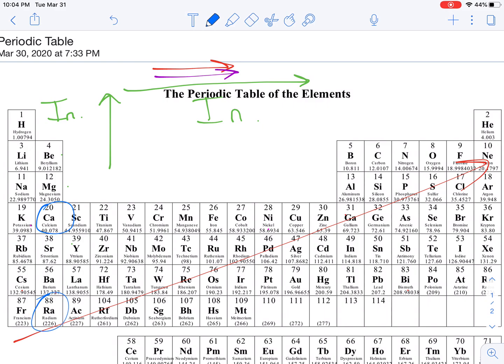So again, those two are in the same column. So pretty clearly, calcium is going to have the higher electronegativity because it's closer to the upper right-hand side. And finally, as we look at potassium or vanadium, here is potassium, here is vanadium. As we look at those two, vanadium is closer to the right-hand side, so it's going to have the higher electronegativity value.